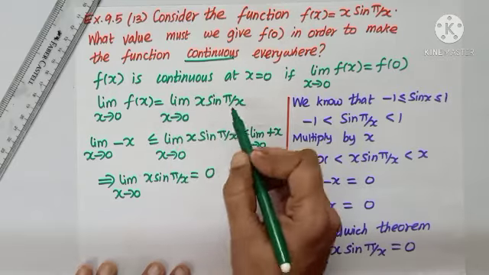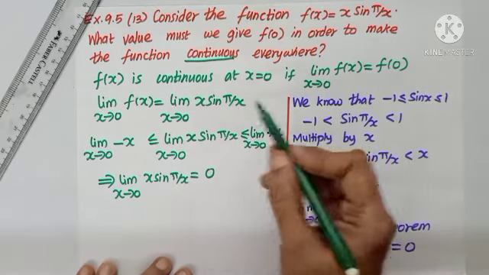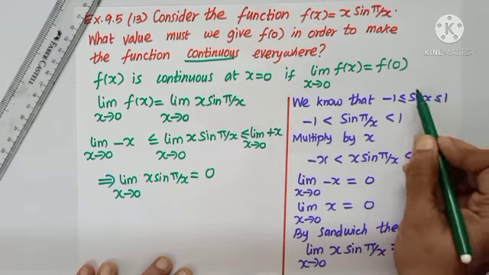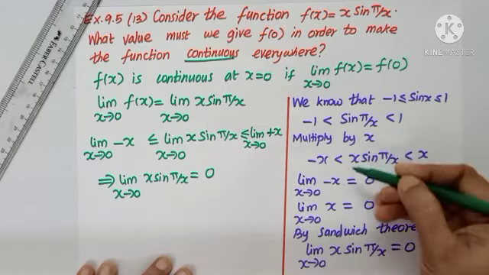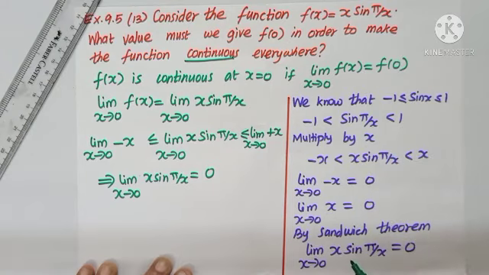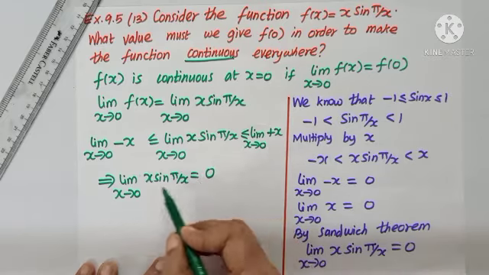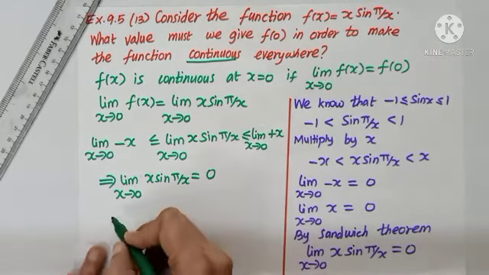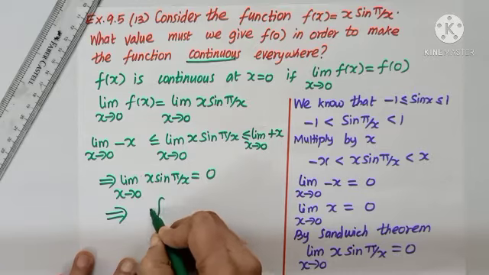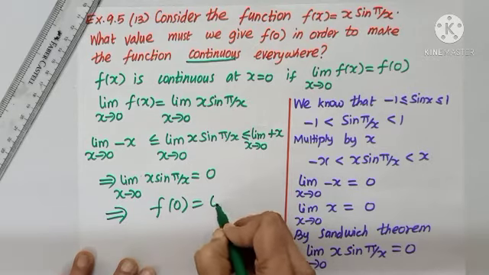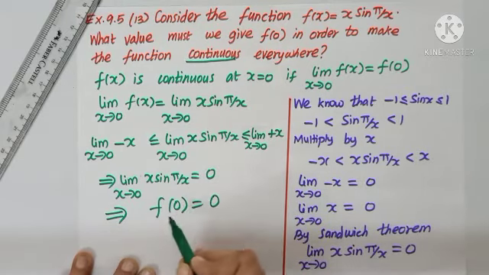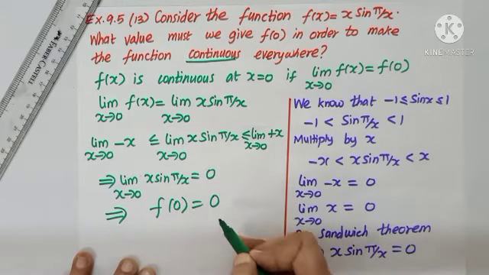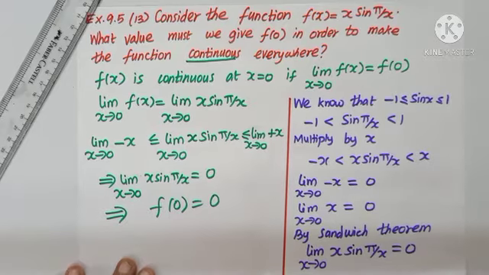Finding this limit is a difficult task, so we compare. The trigonometrical value of sine is between minus 1 and plus 1, and we have derived the limit value as 0. So when I substitute the limit value 0, I immediately imply f of 0 is also 0. Because f is continuous, the limit value and function value are equal, and hence the problem is done.